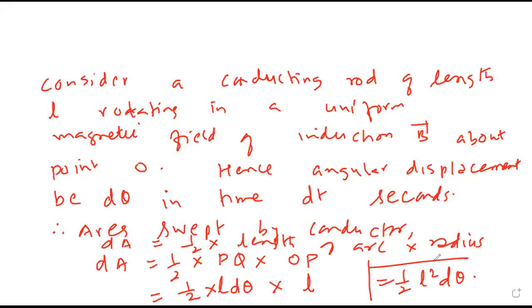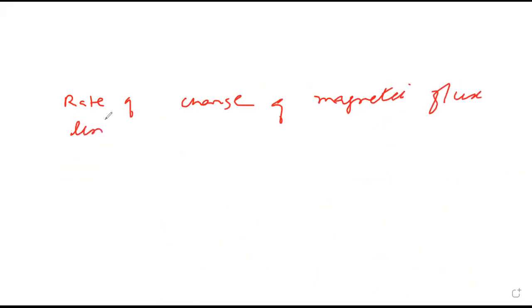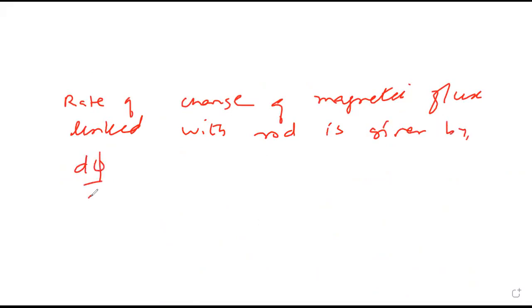Completed? Yes, sir. Rate of change of magnetic flux linked with the rod is given by d phi by dt, which is B dA by dt.